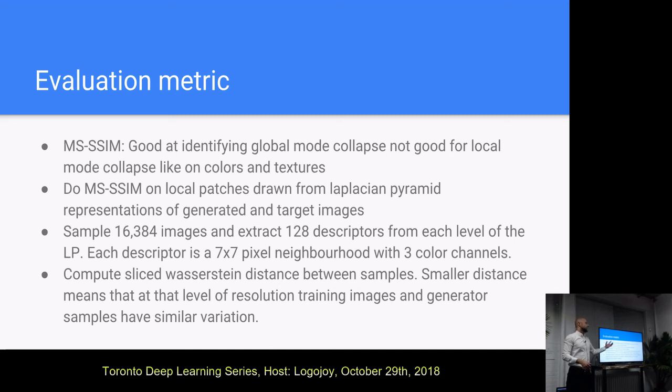What people have found, and this has been cited numerous times, they talk about it in the StackGAN paper, they talk about it in this paper, is that MS-Sim, while it's good at looking at global similarity, it's not really good at looking at local similarity. So it can be hard to assess whether the GAN is picking up different modes relating to things like finer details, maybe tones or textures, things that are really high frequency information.